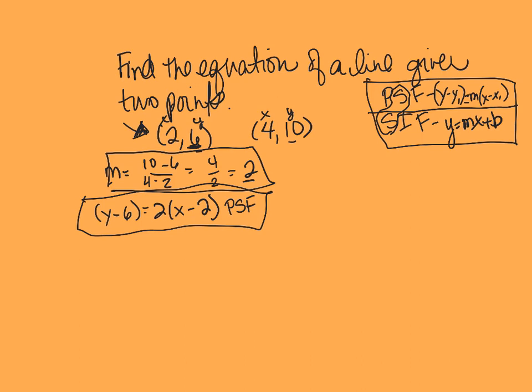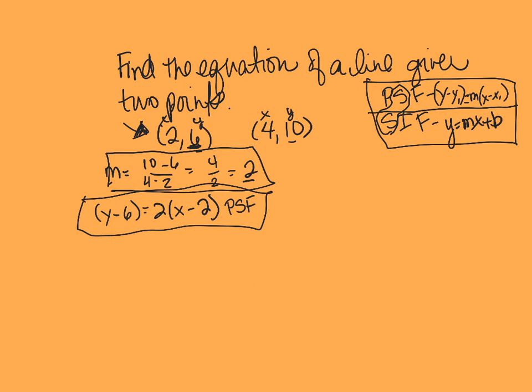Then we're going to move on to our slope intercept form. So let's go ahead and try to get that into slope intercept form. So now all we have to do is just manipulate point slope form to get it in slope intercept form.